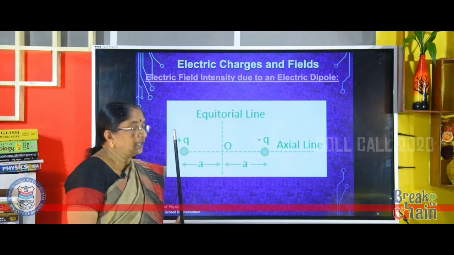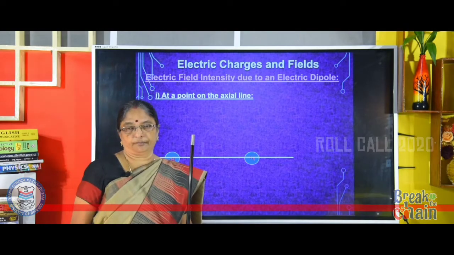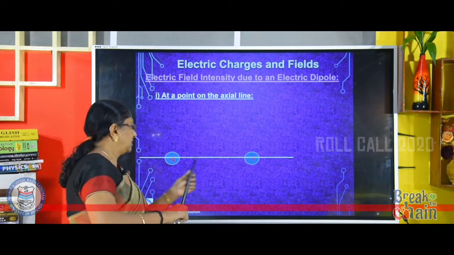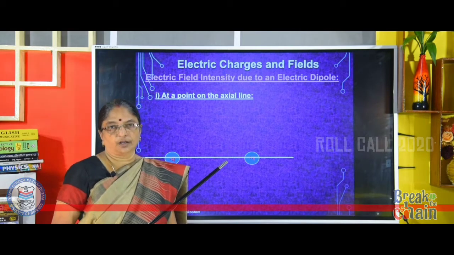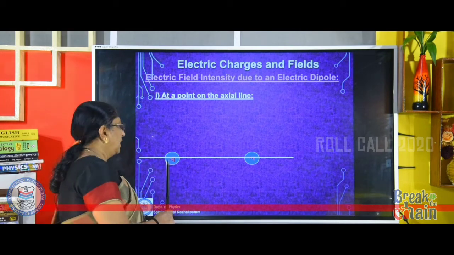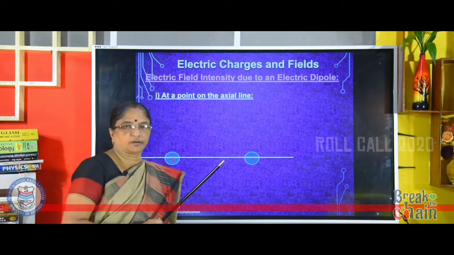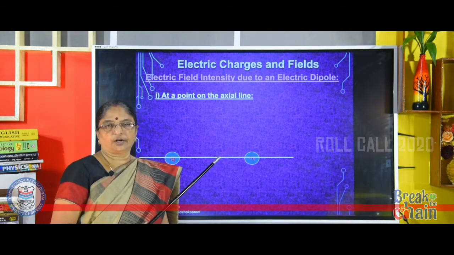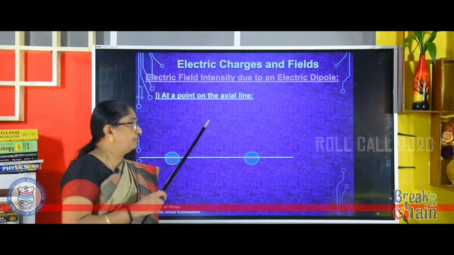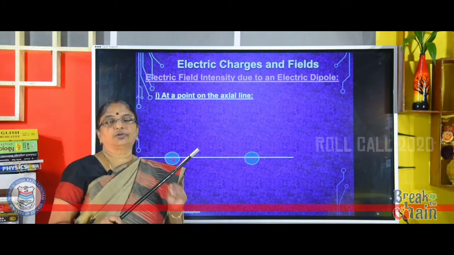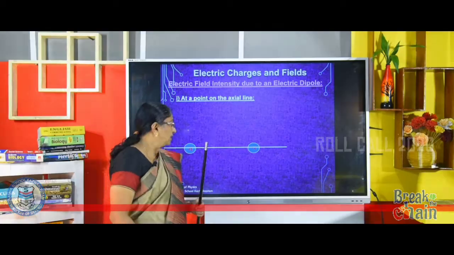First let us see the electric field intensity at a point on the axial line. The axial line is a straight line passing through the two charges. As seen here, I have drawn the negative charge here and the positive charge here. You can draw it either way, positive here or negative here. But with this picture I will tell you how to draw the figure, the vectors. So this is the axial line.